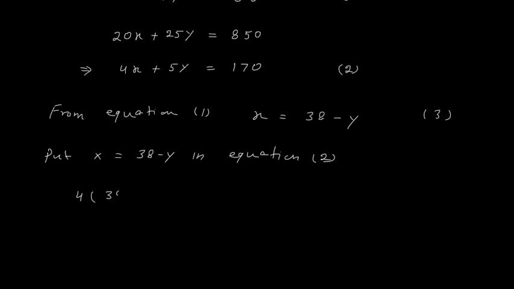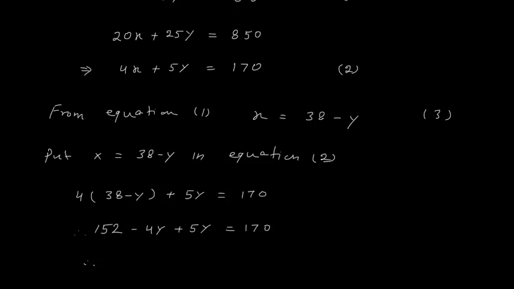4 into 38 minus y plus 5y is equal to 170. So therefore we open the bracket. 4 times 38 is 152, so it is 152 minus 4y plus 5y is 170.